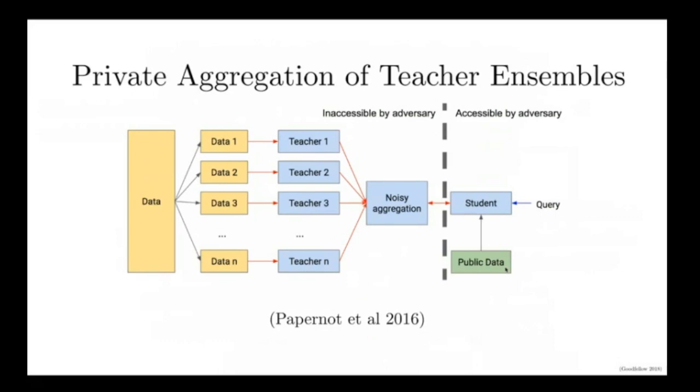We then have the teachers vote about how to process new public data, and we use noisy votes to determine the final output for each input example. If two teachers agree on how to process an input example, it must be because of a general pattern and not because of a quirk of one user's data. Because the two teachers voting did not ever both see the same user's data.